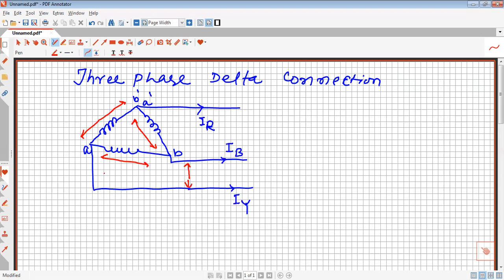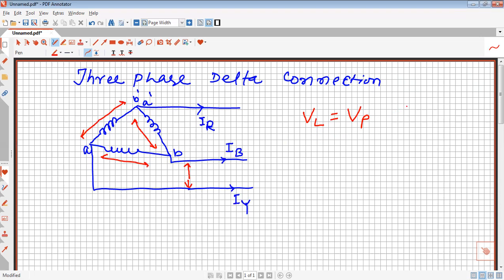So from here to here it is a phase voltage, and here to here it is the line voltage. So by inspection, we can say that here the line voltage is equal to the phase voltage. In delta connection, line voltage is equal to phase voltage.